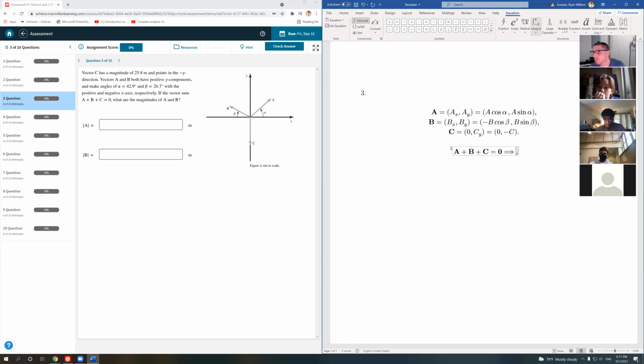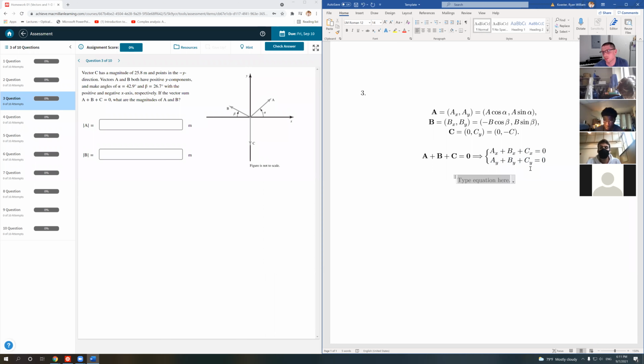This tells us that A sub x plus B sub x plus C sub x equals 0, and A sub y plus B sub y plus C sub y equals 0, right?